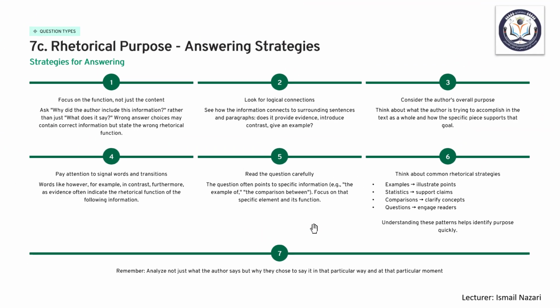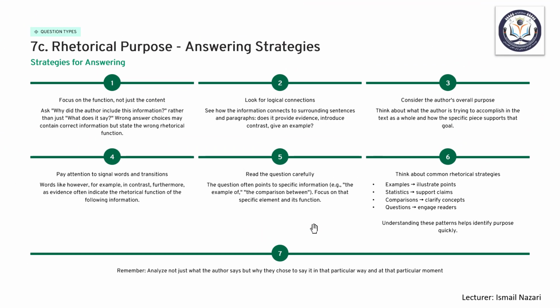So overall, to conclude and summarize, a rhetorical purpose question is asking the reason behind the author's intention in telling an idea, or it might ask the relationship between ideas and paragraphs, and often the organization of the text.